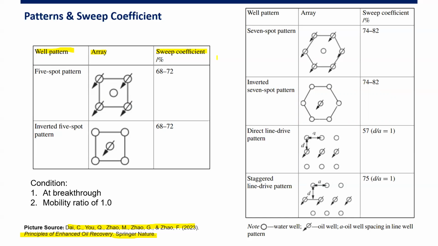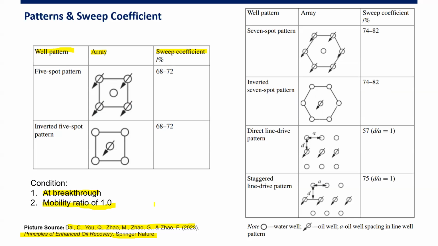All right, we have a condition here. The first condition is where we have already reached the water breakthrough from injector to the producer. And this happens if we have a mobility ratio of 1.